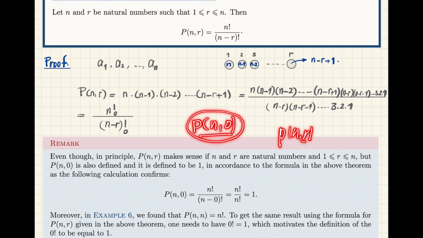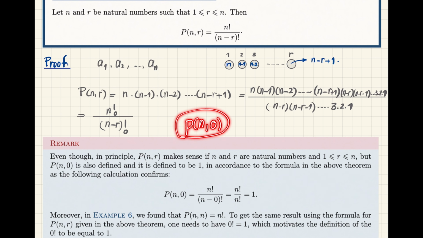But this is by convention also defined using the formula itself, even though if someone asks you, do you have any combinatorial argument behind this symbol, you would say no. But if they ask you, is this symbol defined, you would say yes. And the definition is using this formula.